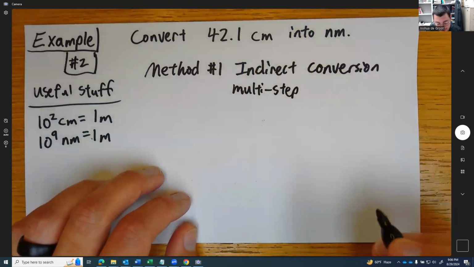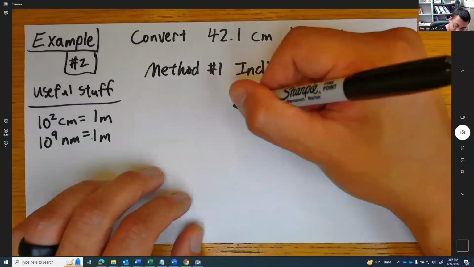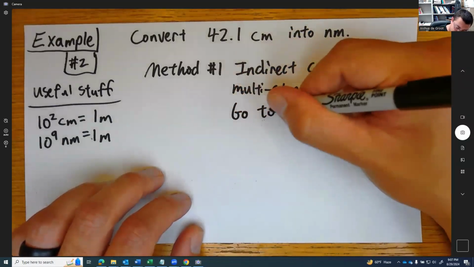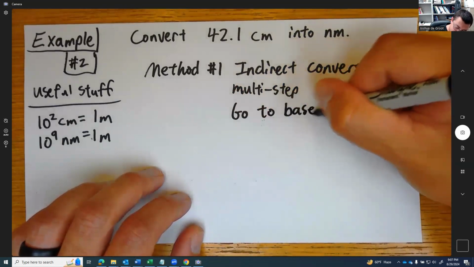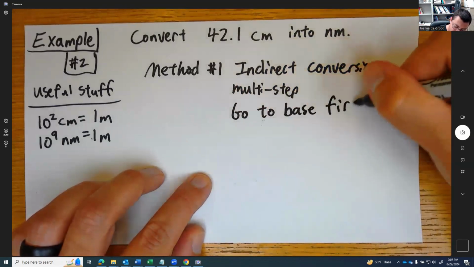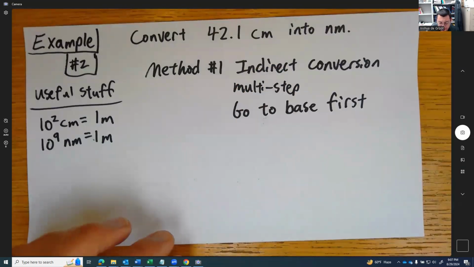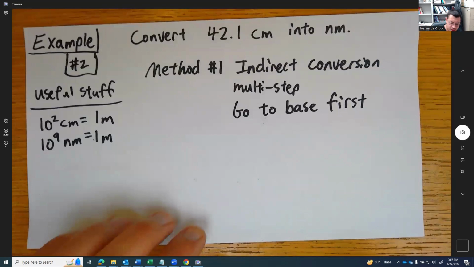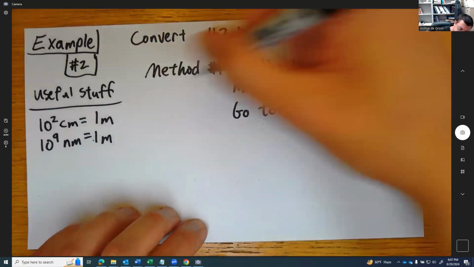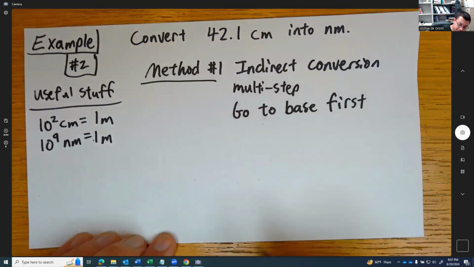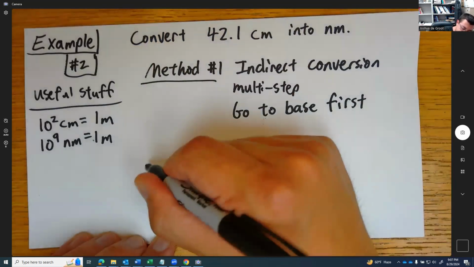Indirect, multi-step, go to base first. Almost felt like I was going to say go to bed. Yeah, we all need more sleep in this world. All right, so this first method, and the second method.